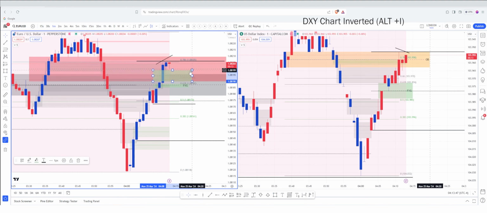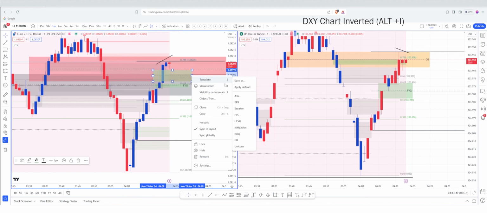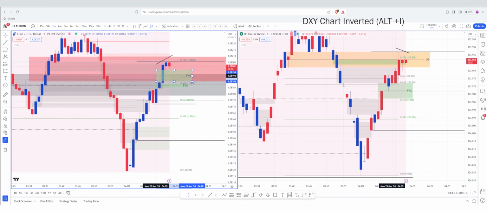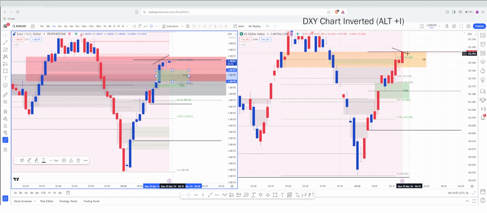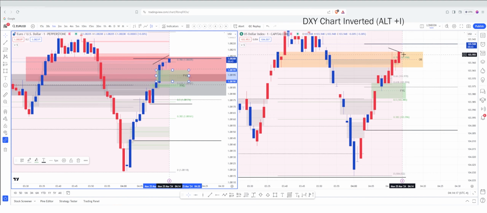This is our point of interest on the euro. Dixie has relative equal highs, whereas we are making a new high here, so we still do have SMT. If this shoots up into this volume imbalance, then that's going to eliminate our SMT.